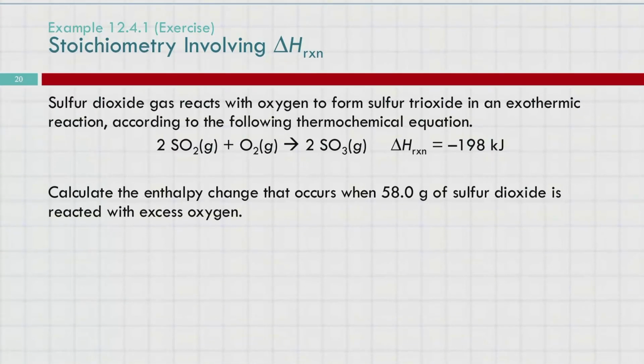All right, one for you to try. Sulfur dioxide, SO2, gas reacts with oxygen to form sulfur trioxide in an exothermic reaction according to the following thermochemical equation. We've got our balanced chemical equation. We've got our delta H. Calculate the enthalpy change that occurs when 58.0 grams of sulfur dioxide is reacted with excess oxygen.